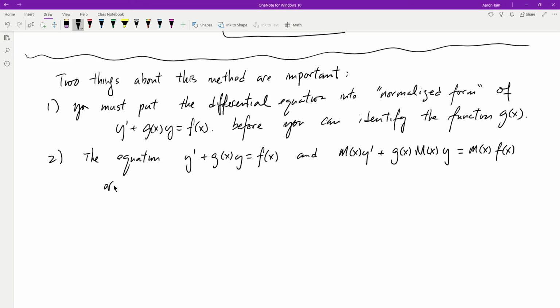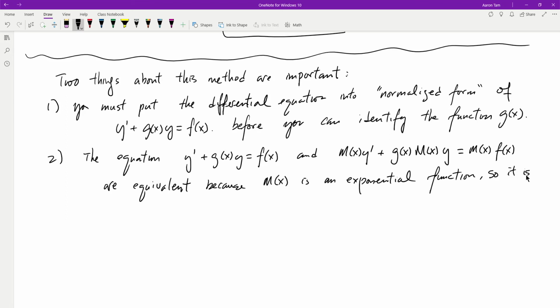These two equations are equivalent. The reason why they're equivalent is because m of x is an exponential function, and so it is never zero.